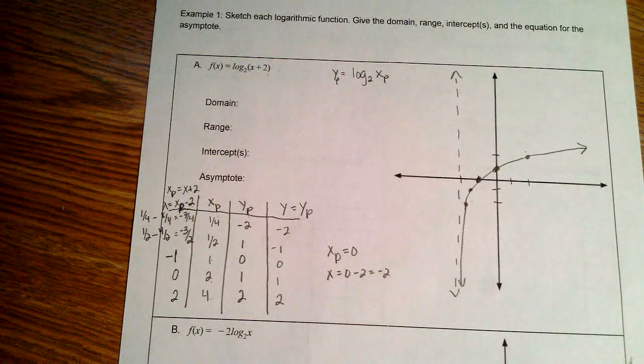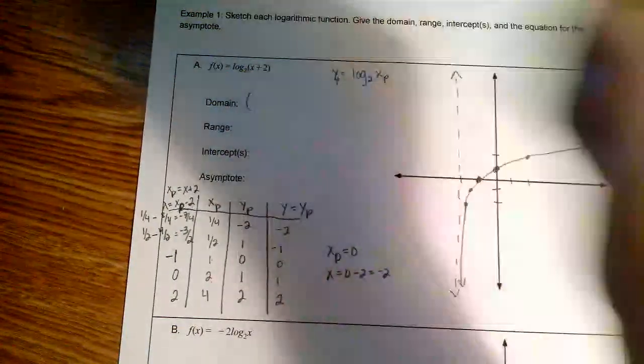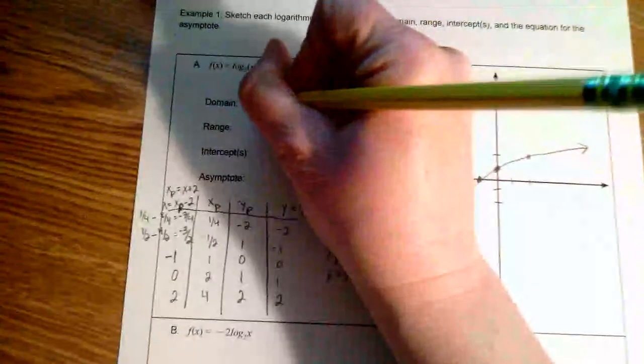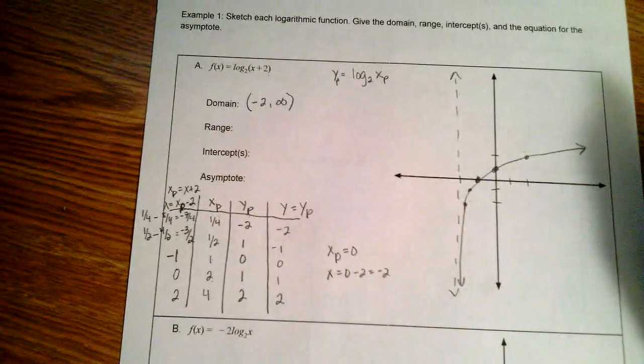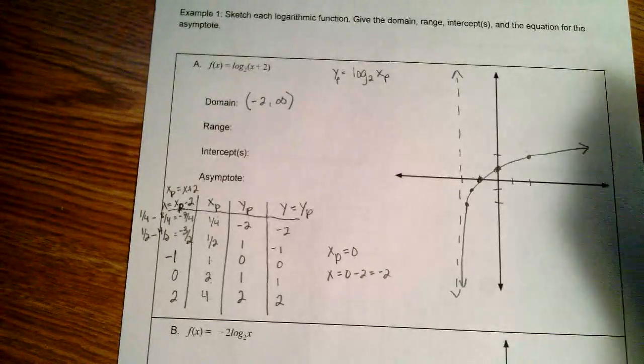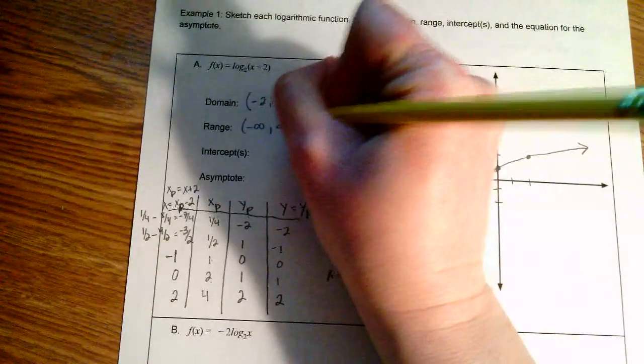Again, I apologize for the video quality. I'm hoping that some of this is making sense. If we look at this domain, hopefully you can see it goes from negative 2 to infinity. My range is all real numbers, so negative infinity to infinity.